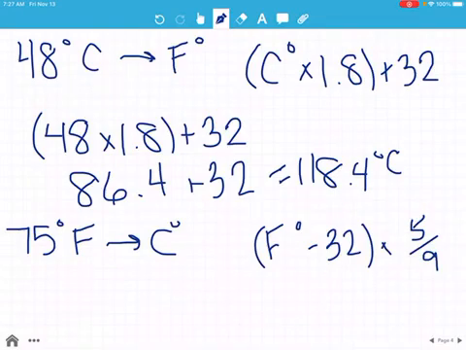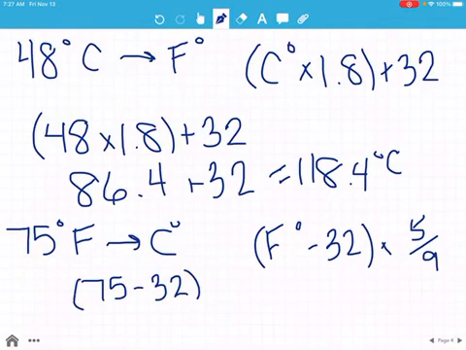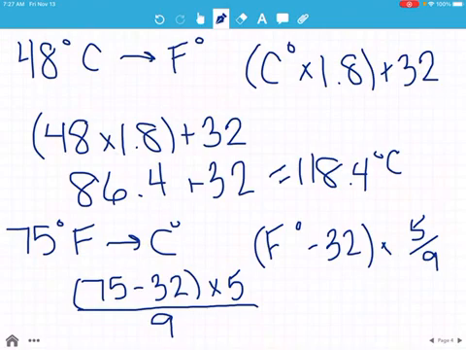So I will put 75 in for the F, so 75 minus 32. And if this makes it easier, you can say times 5 and then all divided by 9. It means the same thing. So if that's easier for you, please go ahead and do that.